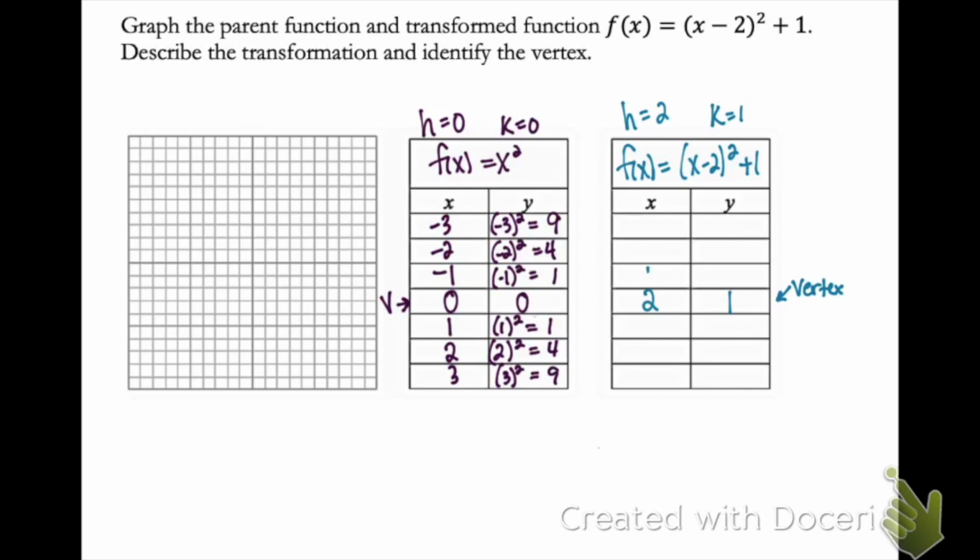To fill out the rest of my x values, I'm just going to subtract 1 over and over going up and add 1 going down. So I'm just moving by units of 1 in my x values. To find my y values, I am plugging in each x value for x in my equation. So for negative 1, I'm going to plug that into the equation where x was, and I get out 10.